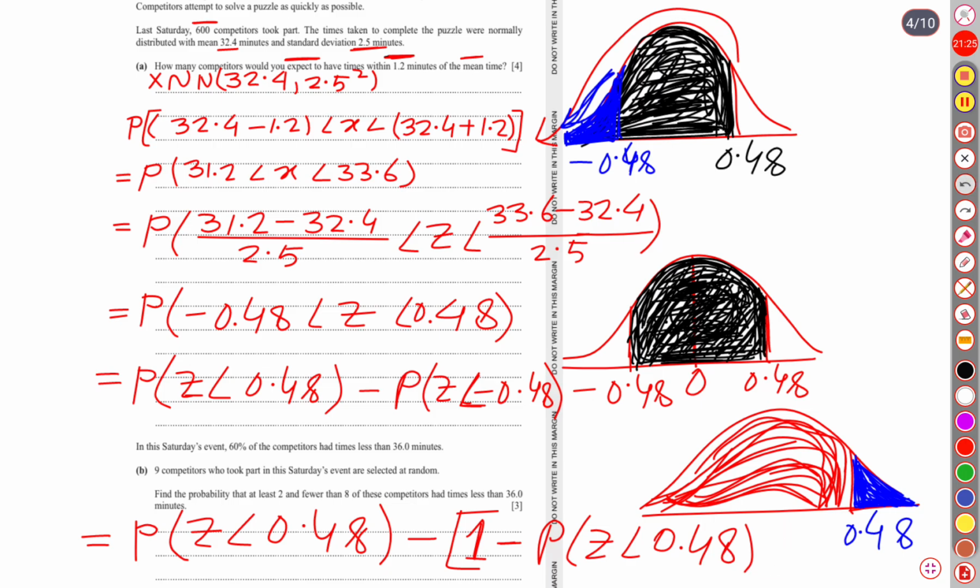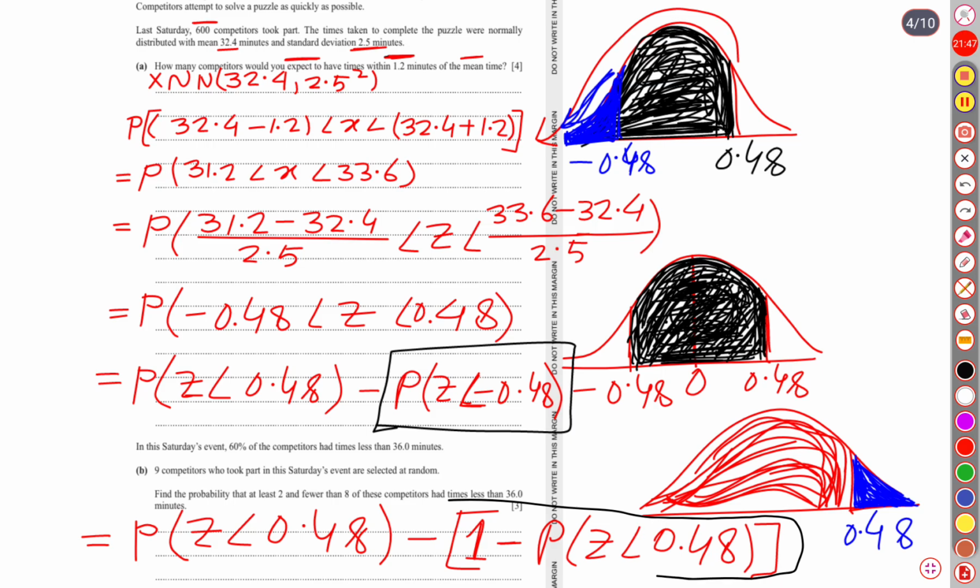There is no probability given in the probability distribution table for any negative z-score, so this is how we have converted it. From the whole probability 1 we subtract the red shaded region, and then we get the tiny shaded part that we require to be subtracted.